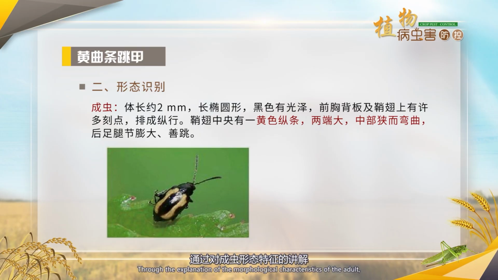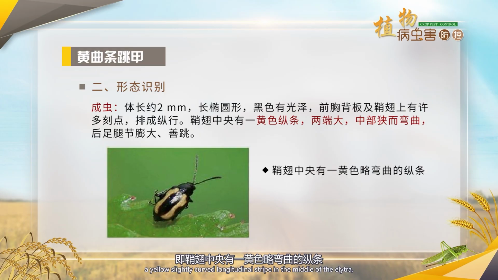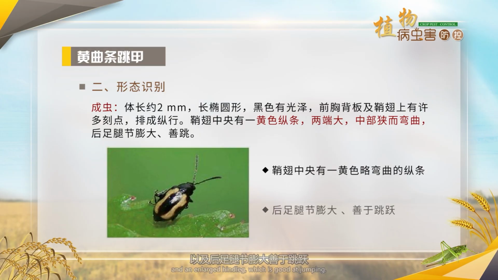Through the explanation of the morphological characteristics of the adult, have you found that the name of striped flea beetle contains two important characteristics of the pest? A yellow, slightly curved longitudinal stripe in the middle of the elytra, and an enlarged hind leg, which is good at jumping.